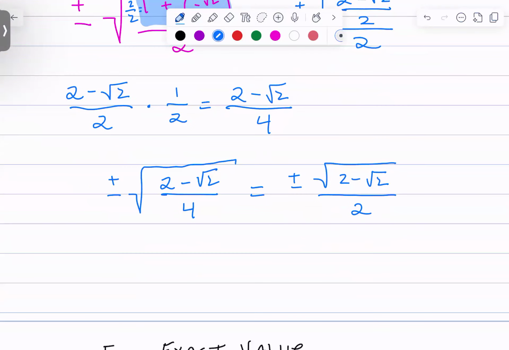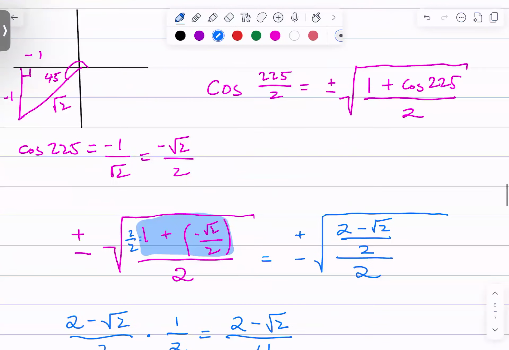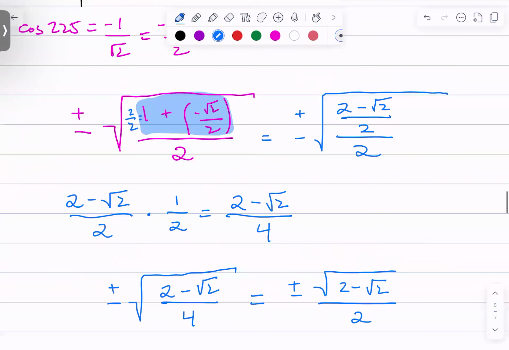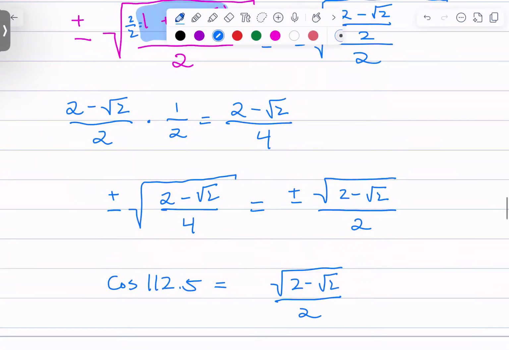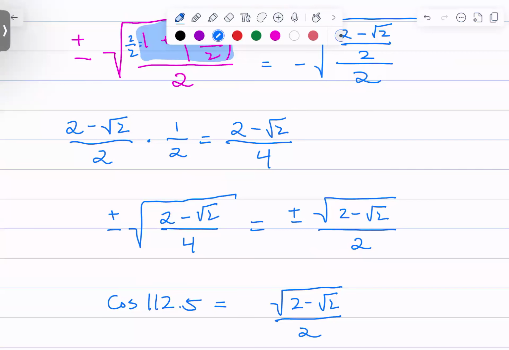So here, is it plus or minus? So the cosine of 112.5 equals the square root of 2 minus square root of 2 over 2. Well, I still don't know if it's plus or minus yet, right?